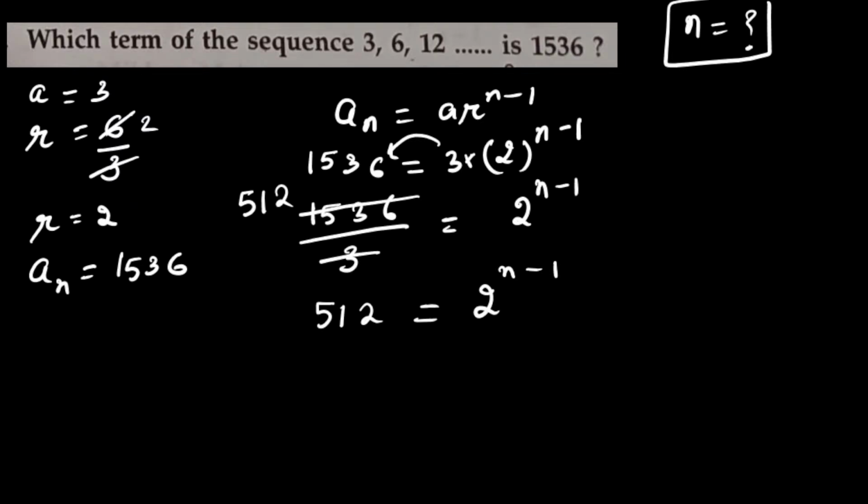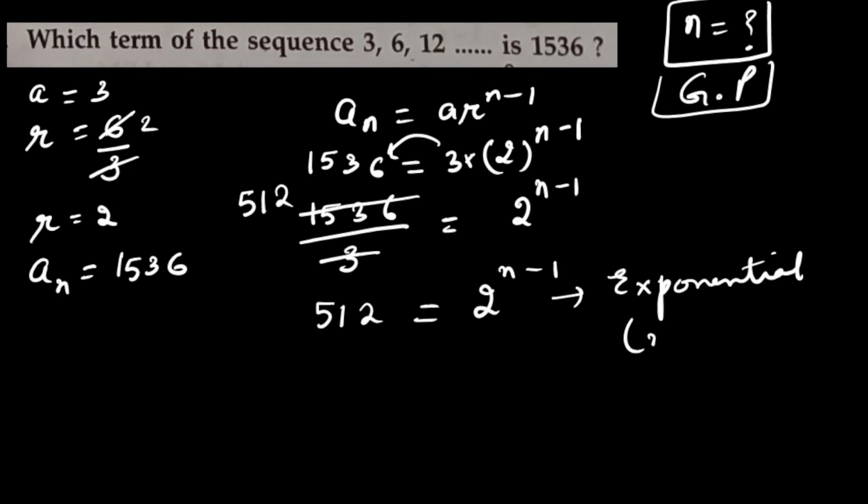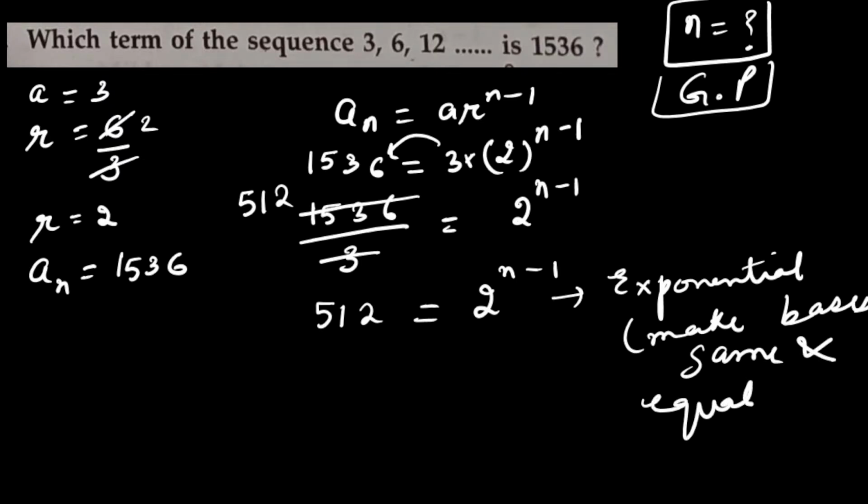Now, whenever we are solving for n in GP, always remember we will get an exponential form. So what we have to do is make the bases the same and equate the powers. Always we have to do this in GP whenever we are finding the value of n.